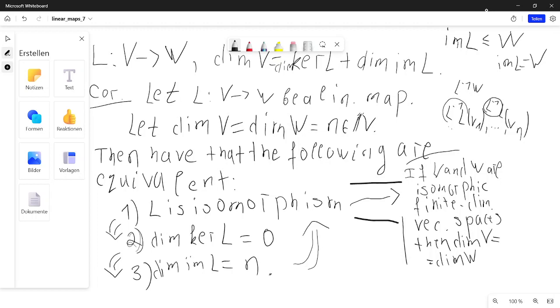And injectivity, well, injectivity, just use the dimension formula, and you get that here you have n, here you have n, and then you have n minus n.